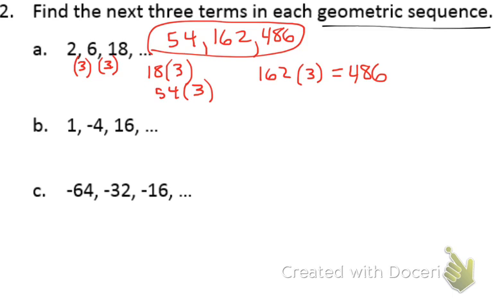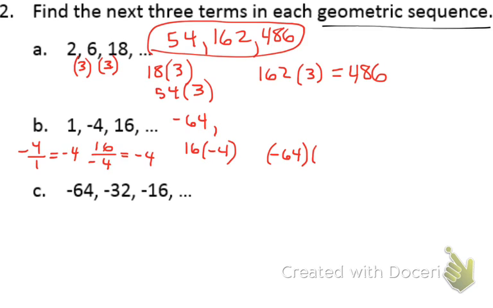If you do negative 4 divided by 1, you get negative 4. 16 divided by negative 4, you get negative 4. So we're multiplying by negative 4 each time. So do 16 times negative 4 to get the next term of negative 64. Do negative 64 times negative 4, and you'll get that next term of 256.